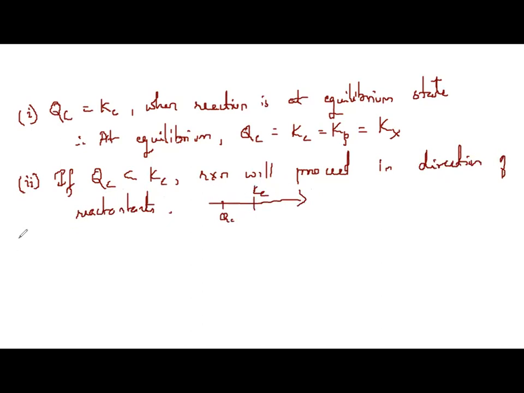Okay. Third point, if Qc is greater than Kc, then the reaction will proceed in the direction of products. Correct? Or you can say it will proceed in the forward direction.